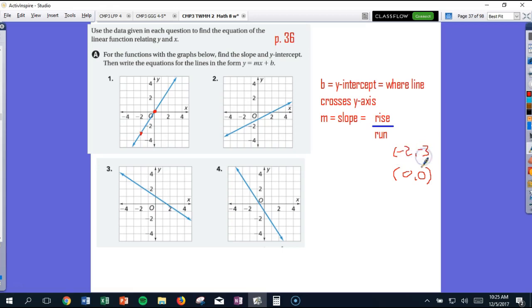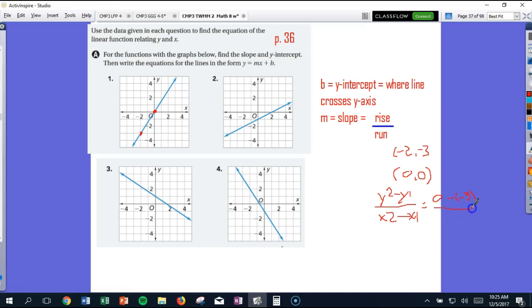So when we want to figure out what our slope is, we take our second point, y2, minus y1 over x2 minus x1. So this is going to be y2 minus y1. Well, y2 is 0, and y1 was -3, so we need to subtract a -3.